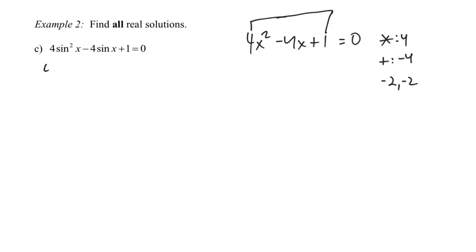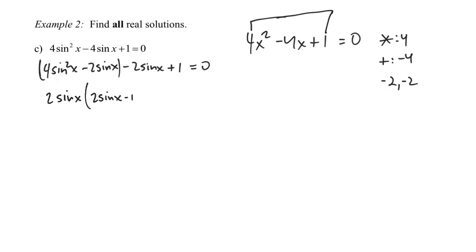And so I'm going to take this equation and write down its ends, and then in the middle have two sine x terms that both have the coefficient of -2. And so there's my setup for my factoring. I'm going to group together these first two terms and take out what they have in common, which is a 2 sine x, and that's going to leave me with a 2 sine x minus 1.